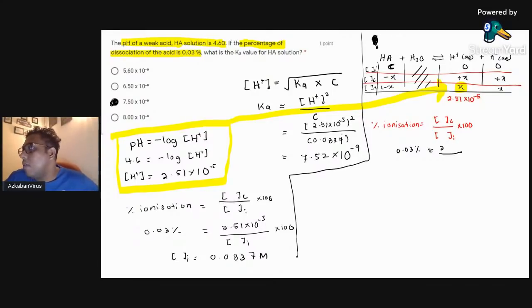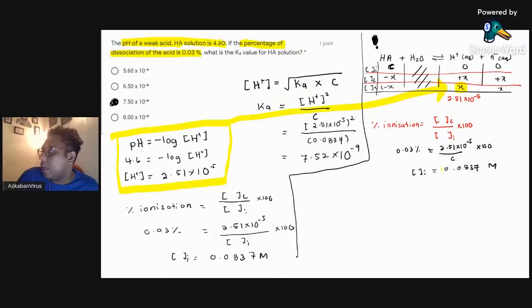Ini kita dah ada, 2.51 darab 10 kuasa negatif 5. Ini kita nak cari C darab 100. Okay, dan ini kita akan dapat concentration initial kita, which is 0.0837 molar. Okay, sampai sini boleh ikut lagi tak?